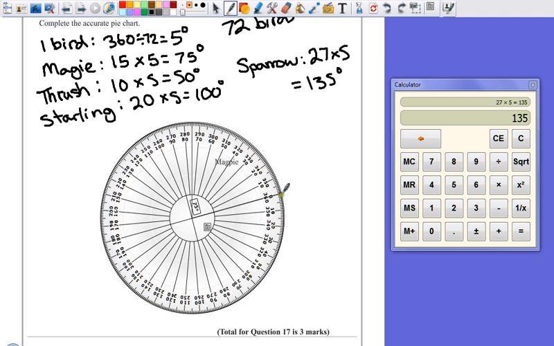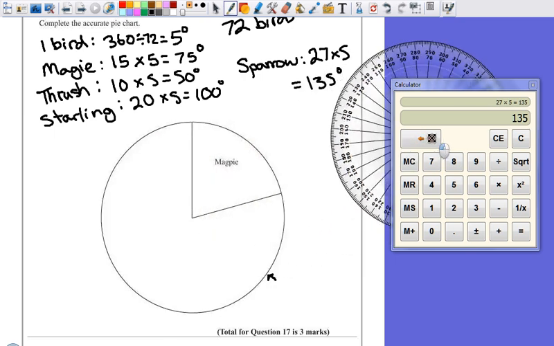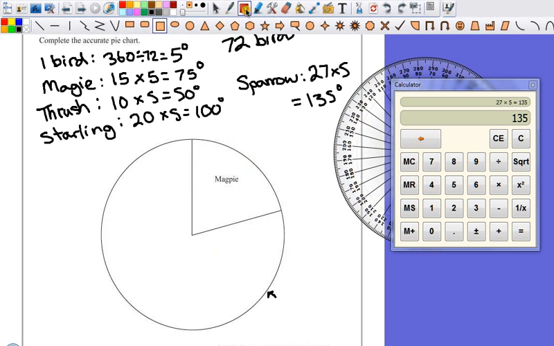Cute, so 0 is on our last line. Now we can measure thrush at 50 degrees, which is about here. Put a little dash, take the protractor away, bring out our ruler and join from the middle of the pie chart to where the 50 degree mark was.